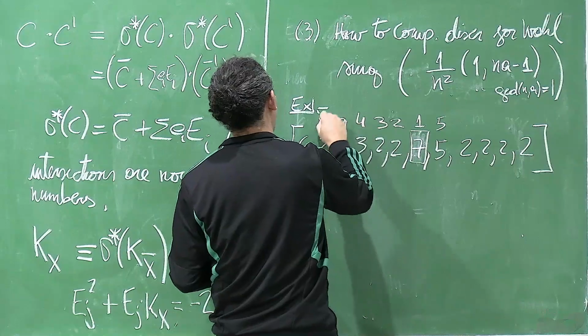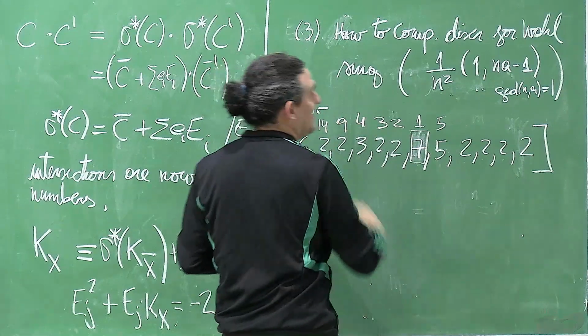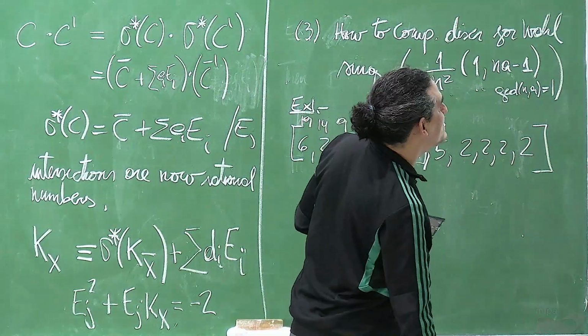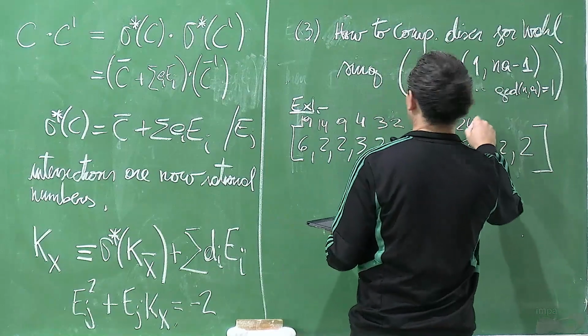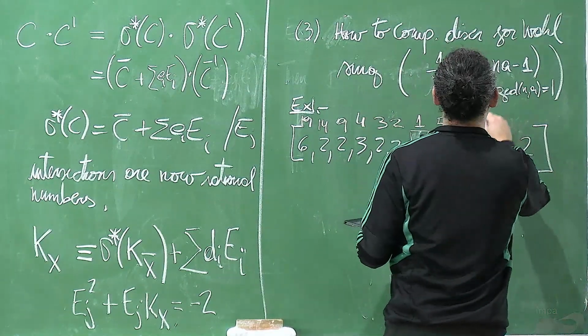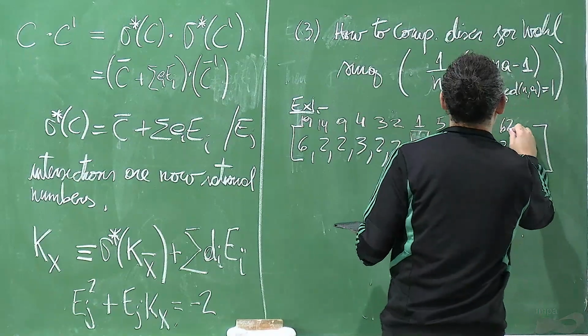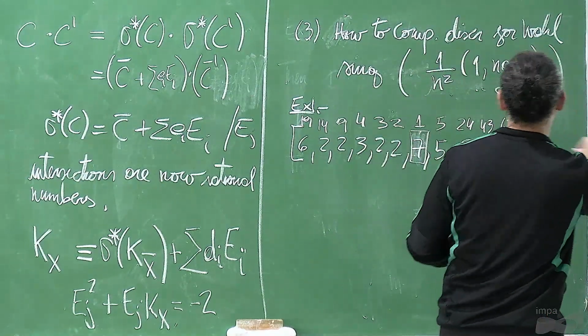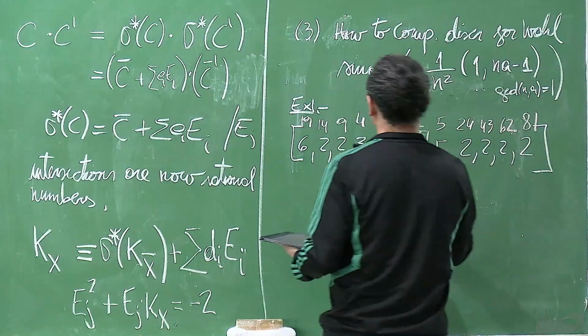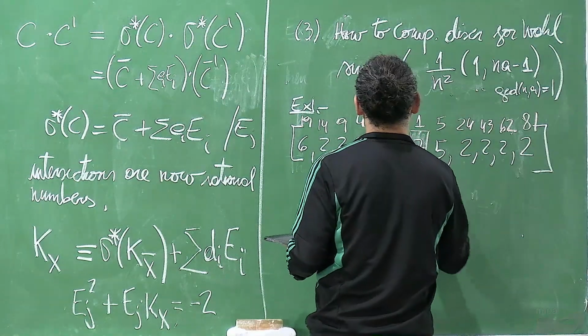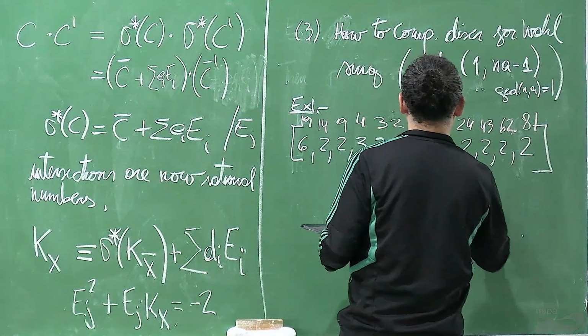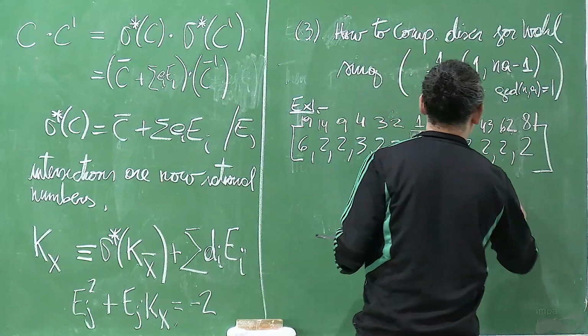This is 9, 14, 19. And maybe now I need the help of this. So it's 24. And then 43. And then 62. And then the next one is not the n. It's going to be 81. And now n is 81 plus 19, which is 100.